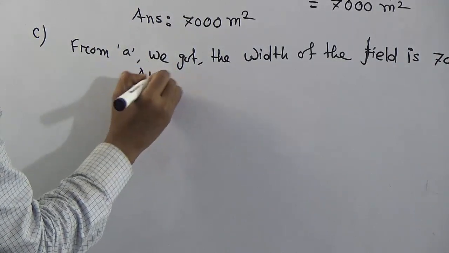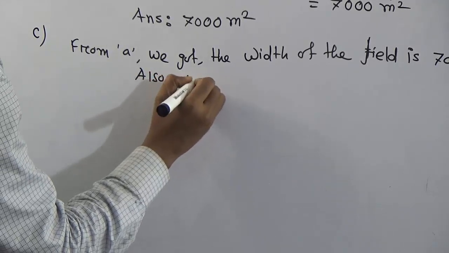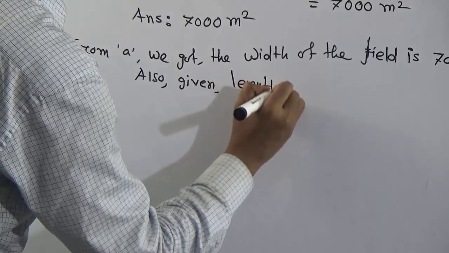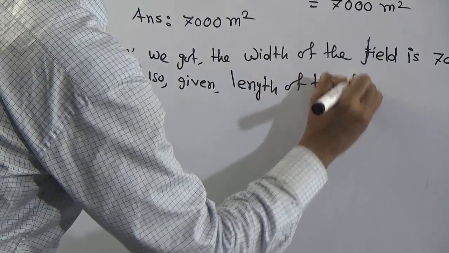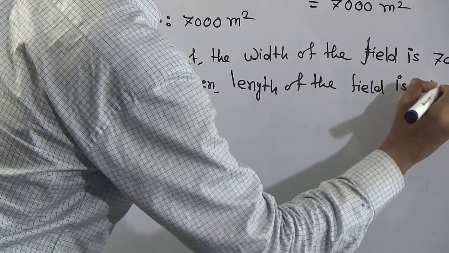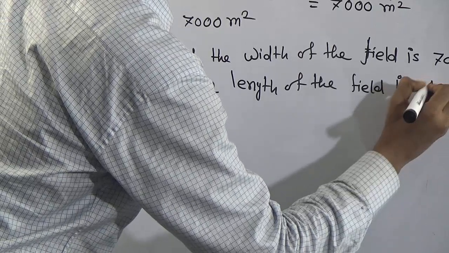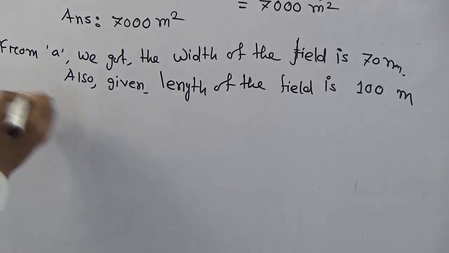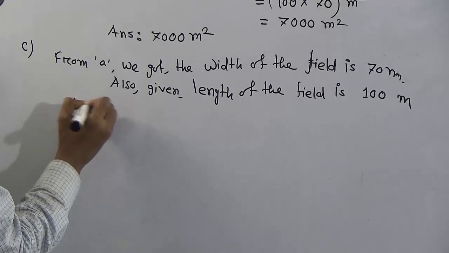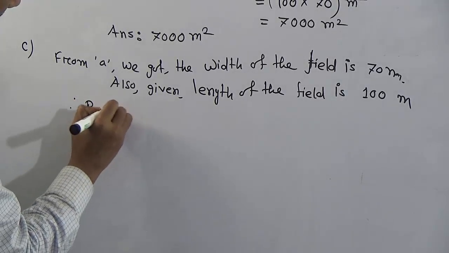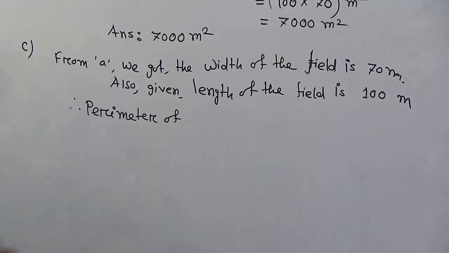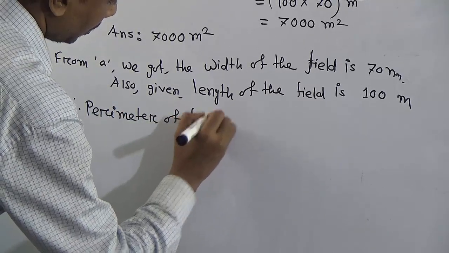Also given the length of the field is 100 meters. Okay, therefore we know the perimeter of the football field.